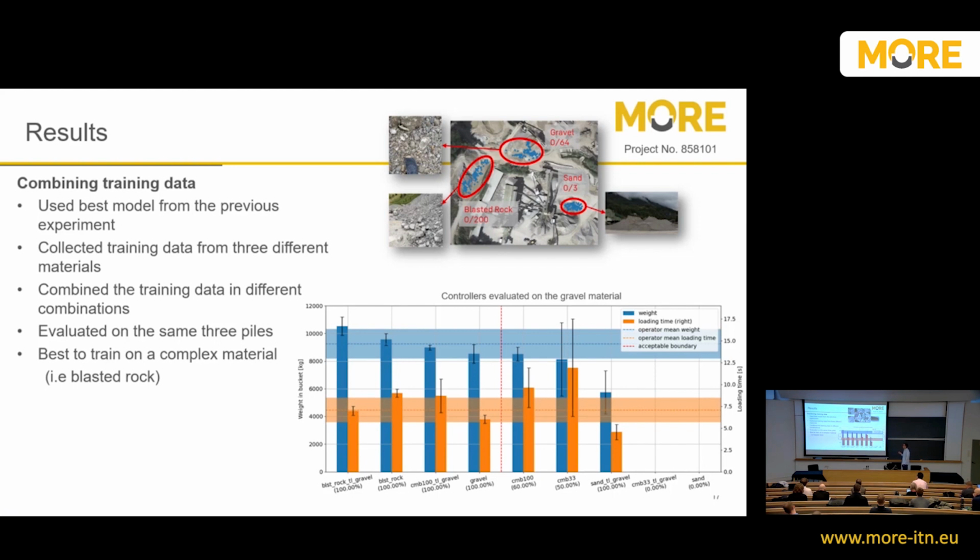If you want the best performance on the gravel pile, you can take the blasted rock pile and only a few of the bucket fillings from the gravel pile to get really good performance on the gravel pile, which is what you can see on this graph. This is the best one we had. It got more material than the operator, and it was about the same speed as the operator.